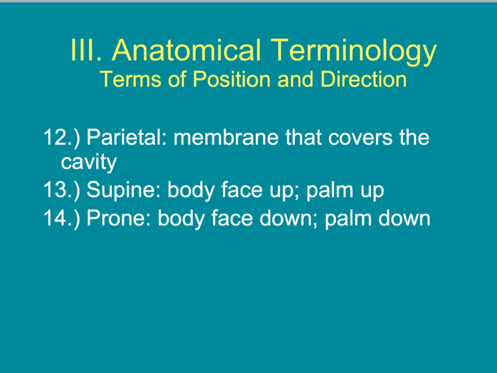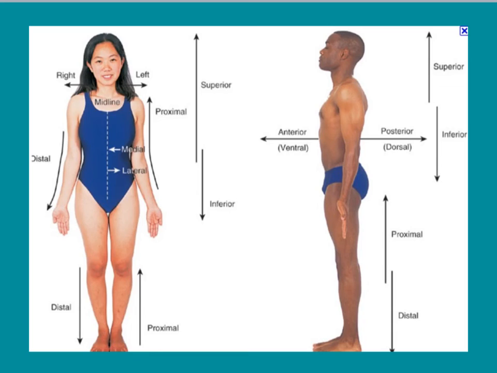The last two directional terms are supine and prone. If a body is laying face up, palms up, it is known as supine. If a body is laying face down, palms down, it is known as prone. Here we see a bunch of pictures that denote different directional terms.